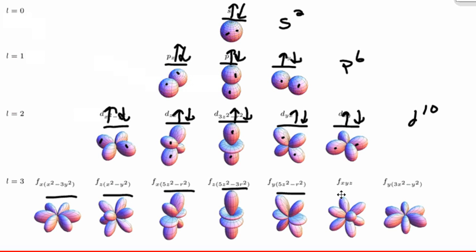So I'm drawing 7 lines, and I could put 1 in any of these at any given time. And that represents an arrow up for each one. This, of course, is our F7.